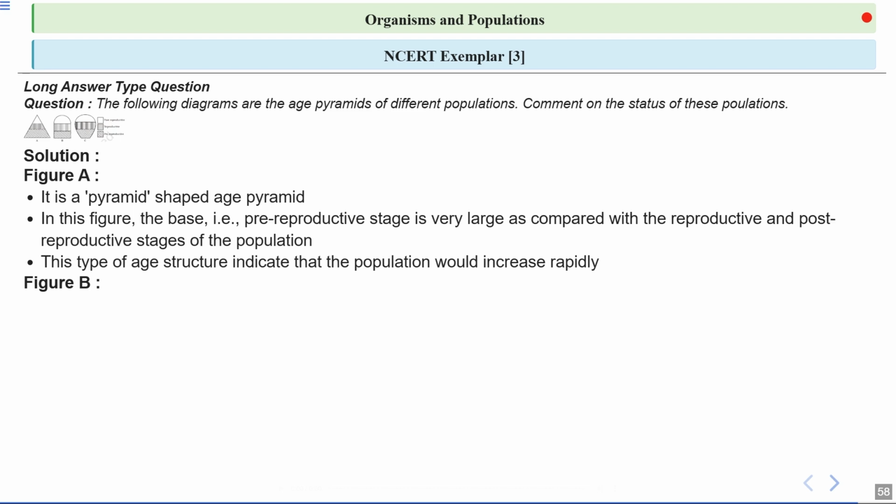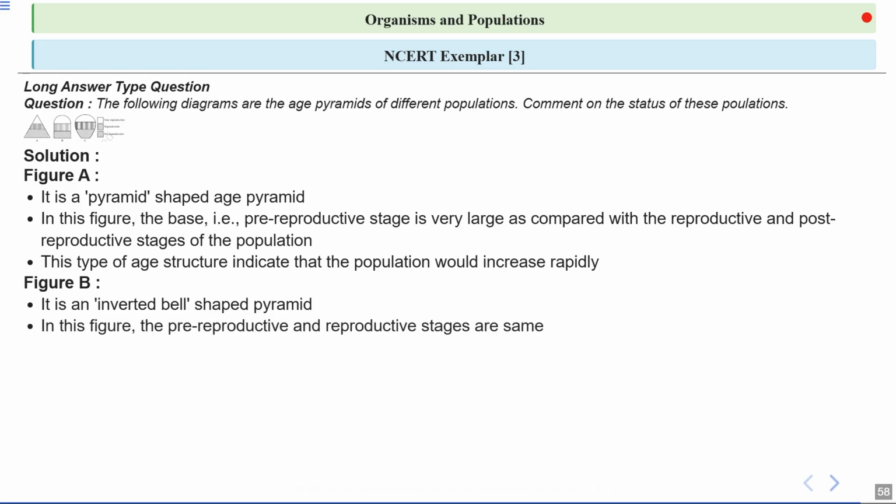Now let's move on to figure B. Figure B has a bell shape which looks more balanced and less pointed than the pyramid. In this figure you can see the pre-reproductive and reproductive stages are the same. This type of age pyramid indicates a stable population.